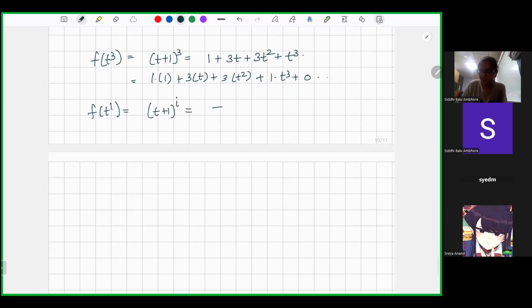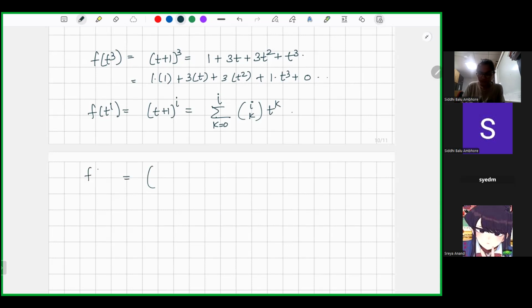It is a summation, k from 0 to i, i choose k, t power k, right? This is how we write it. So every coefficient will be what?